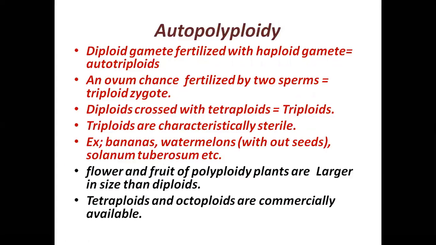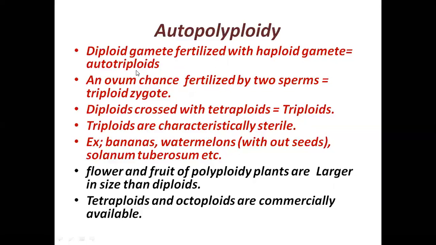The failure of all chromosomes to separate, or segregate, during meiosis gives rise to a diploid gamete, which, when fertilized by a haploid gamete, results in zygotes that have three sets of chromosomes. So a diploid gamete fertilized with a haploid gamete results in autotriploids.